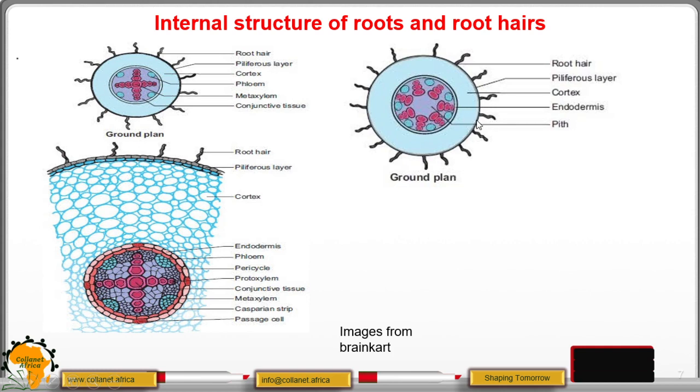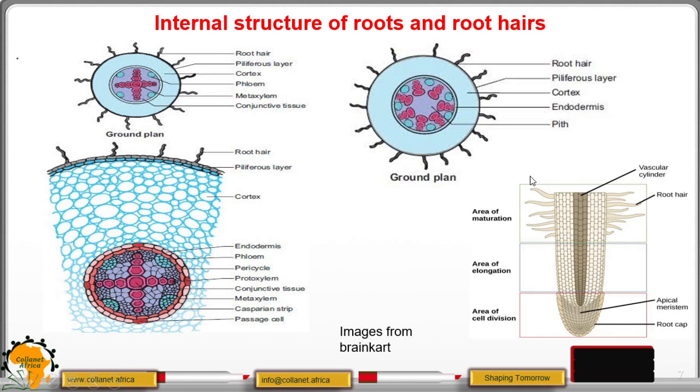This is a monocot root. You can see it has a space at the center called the pith. And then we have the endodermis, we have the cortex, root hair, and the piliferous layer. So this is a monocot root.